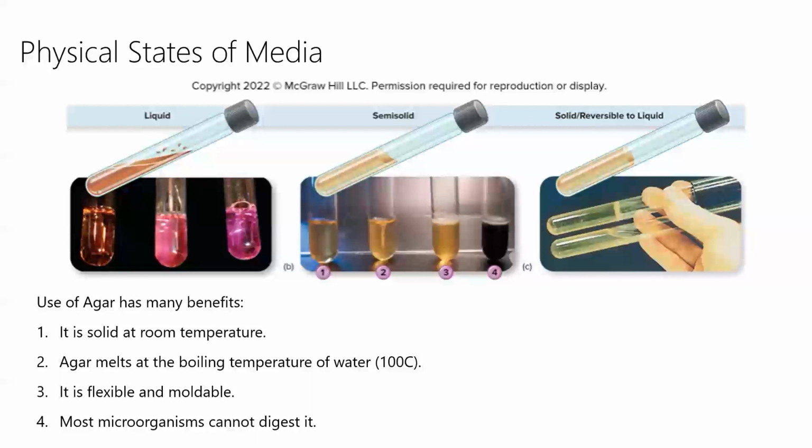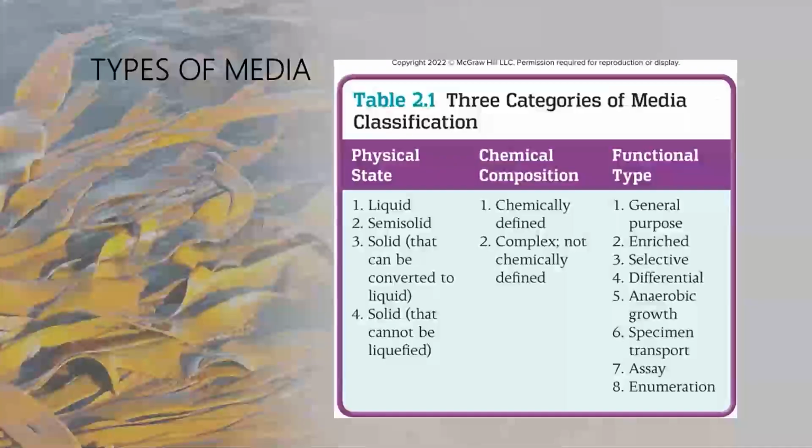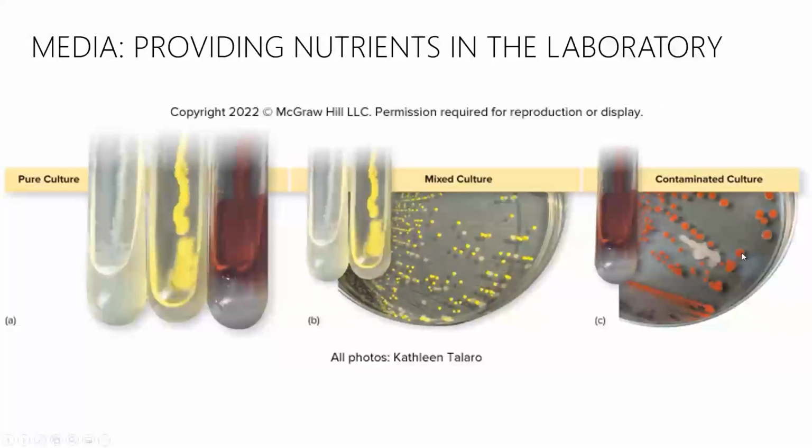So maybe if your bacteria really likes glucose, you could put glucose and agar together, and the bacteria would eat the glucose in it, but they can't digest the agar, so they have to live on top of the agar, which means ultimately you get discrete individual colonies. Like if we go back here, we get individual colonies where they're living on top of the agar, but the agar itself is not going to be digested.